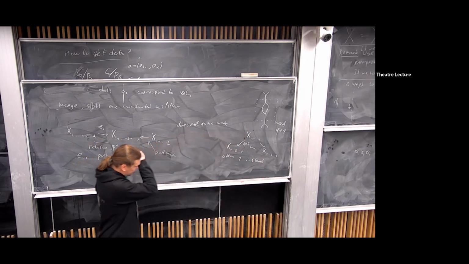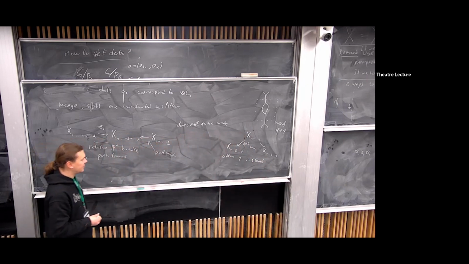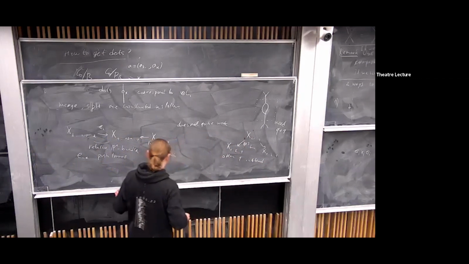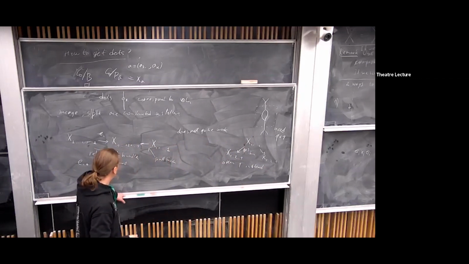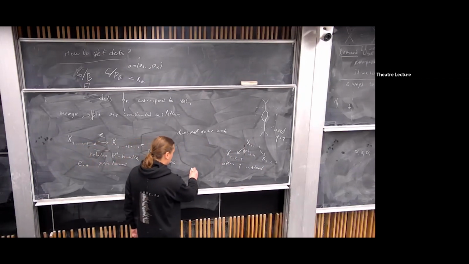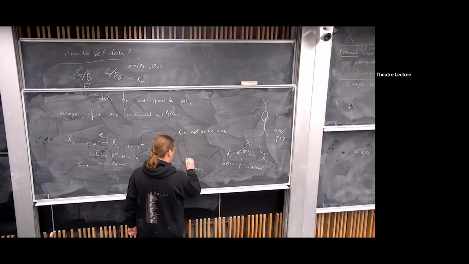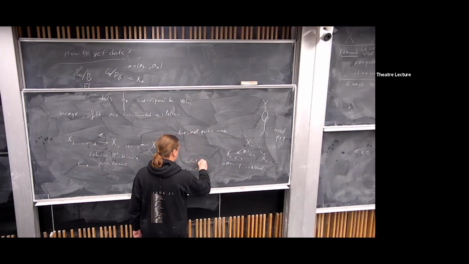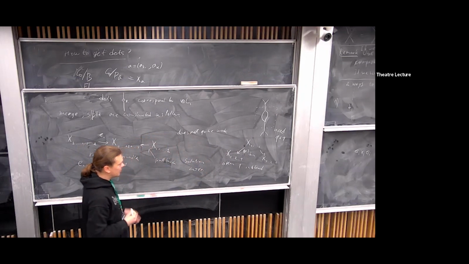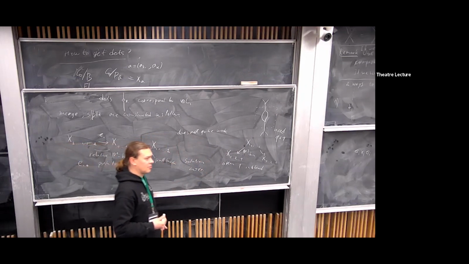The way to rectify this problem is that whenever you take push forward, you have to apply a correction. We want to get P1, then q plus 1 is the number of points on P1.